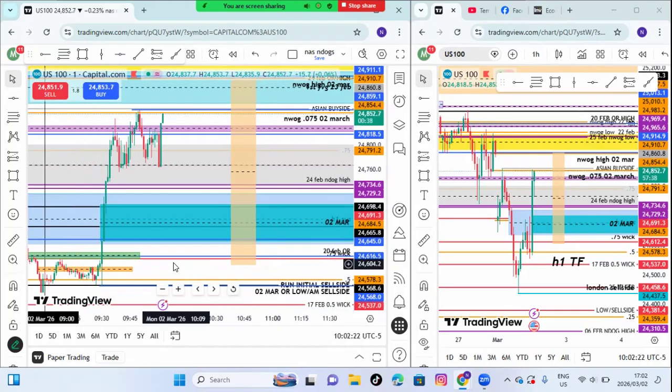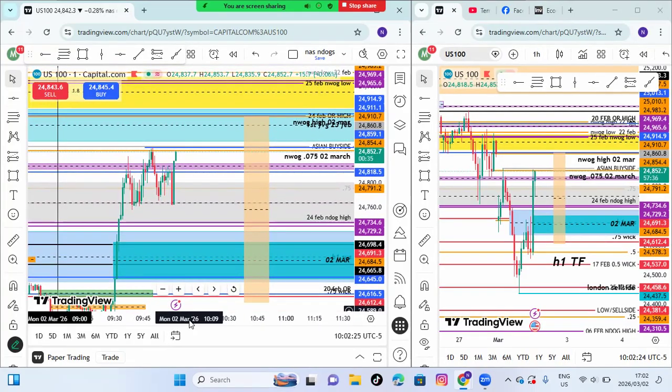Now we're about to close all of the gap.